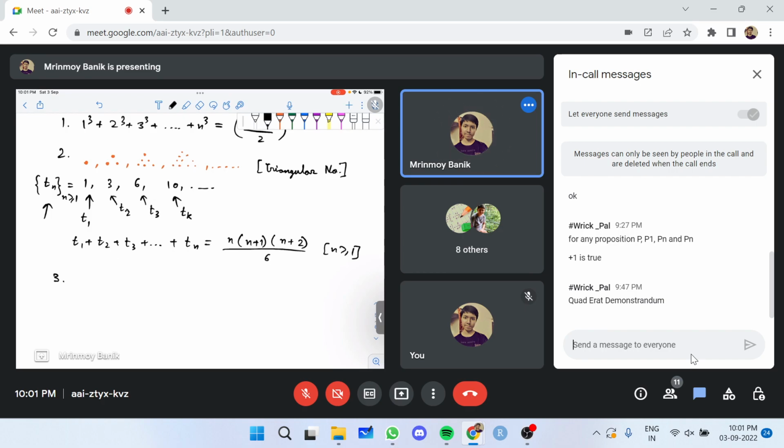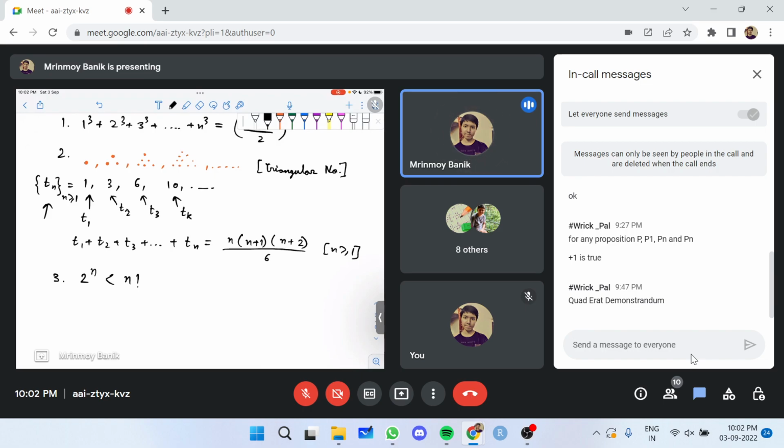Third one, just a minute. Try to show 2 power n is less than n factorial.